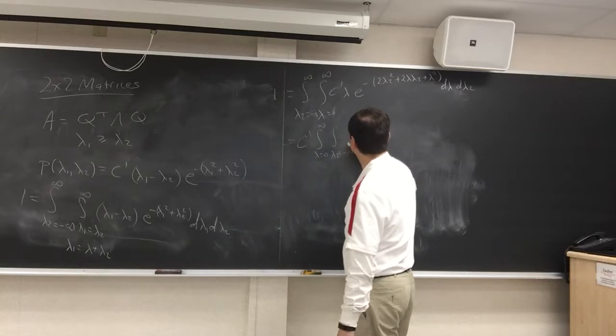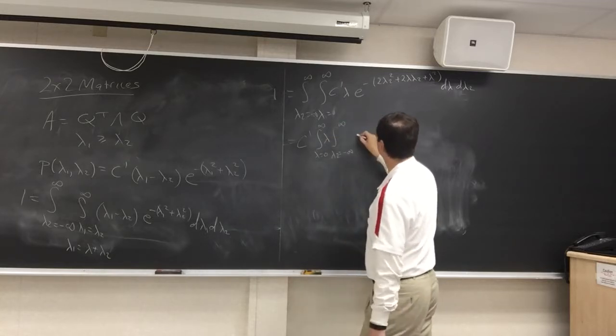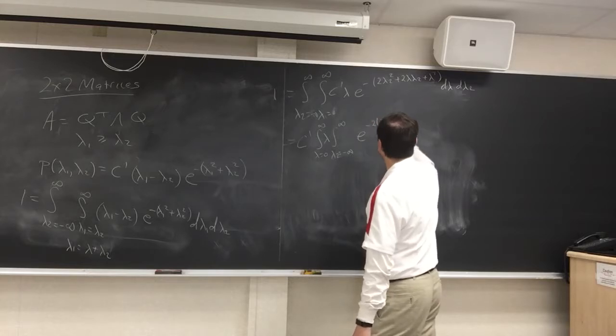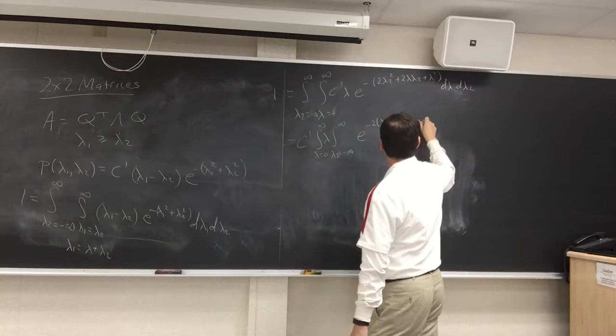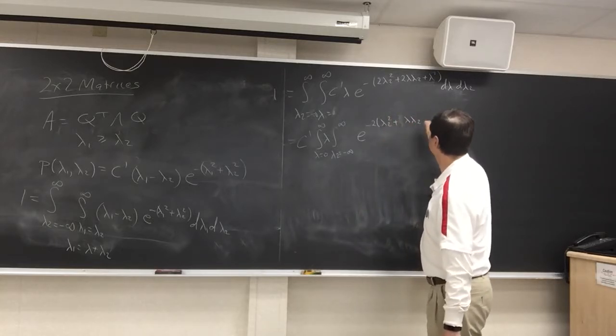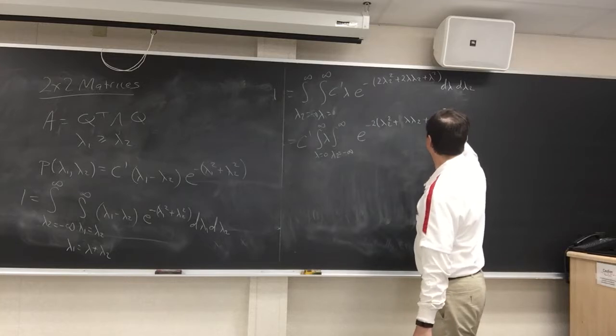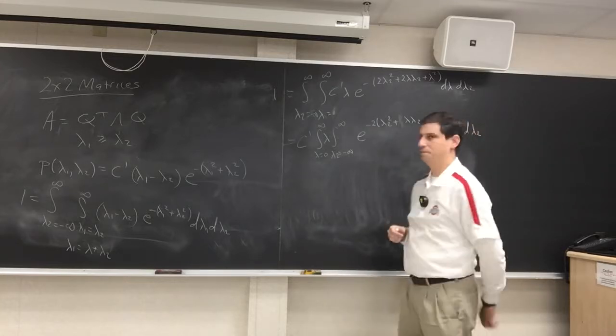We have a lambda over here, and then the lambda 2 integral is e to the minus 2 lambda 2 squared plus lambda lambda 2, I'm sorry, plus lambda squared, d lambda 2.